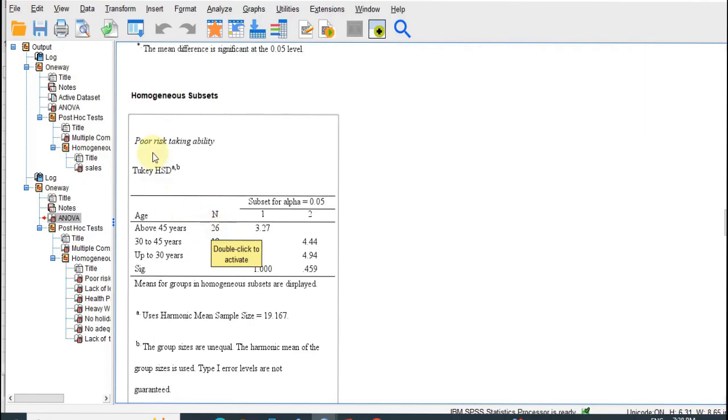Let us see. For the first variable, poor risk taking ability, it is grouped into two. There is a significant difference between two groups, that is above 45 years and below 45 years. Among these two groups there is no significant difference internally. So above 45 years and below 45 years only have difference.